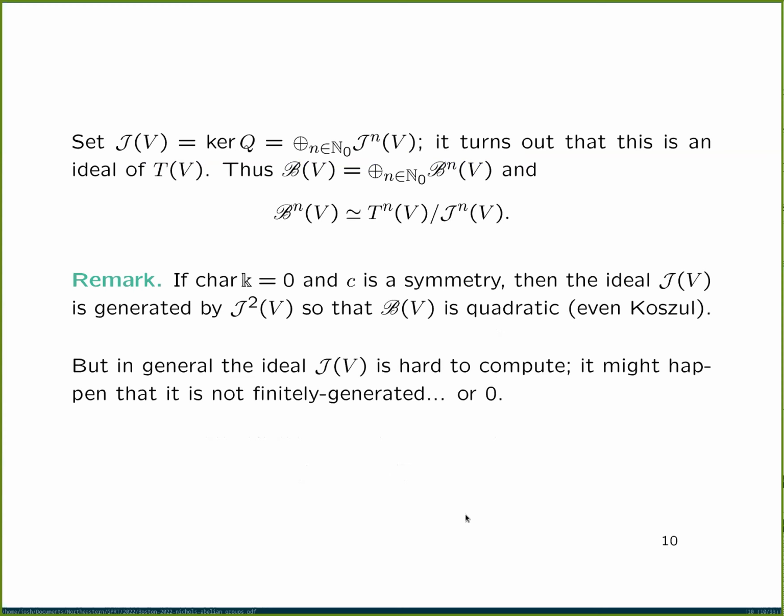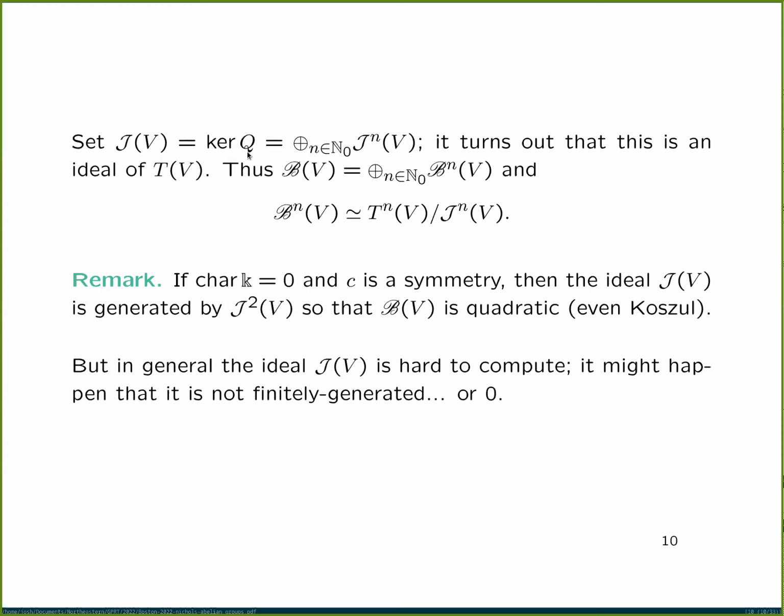I will not explain why this is an algebra, but let me stress the following things before going to a different definition. Let me set I of V to be the kernel of the symmetrizer. From now on, I will use I of V for that.